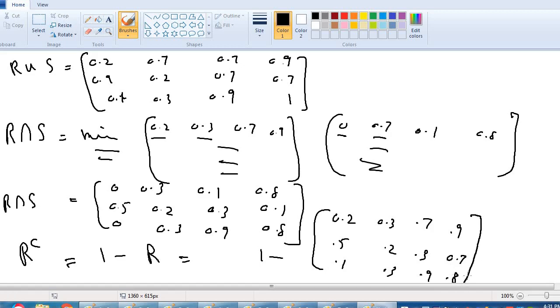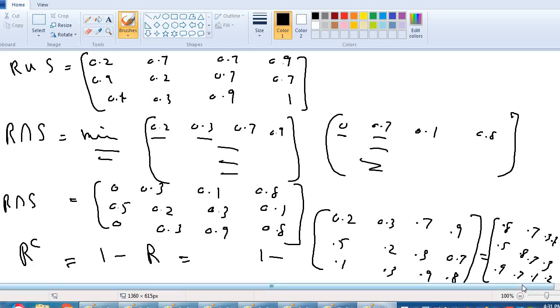We subtract each from 1, so 1 minus 0.2 gives 0.8, 1 minus 0.3 gives 0.7, then 0.3, 0.1. And here we have 0.5, 0.8, then 0.7, then 0.3, and the third and last row is 0.9, 0.7, 0.1, 0.2.